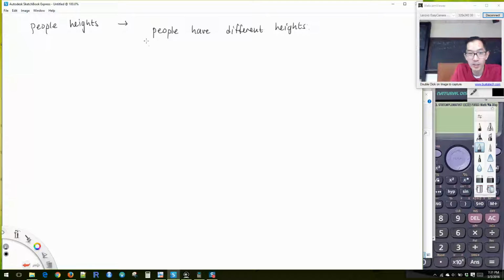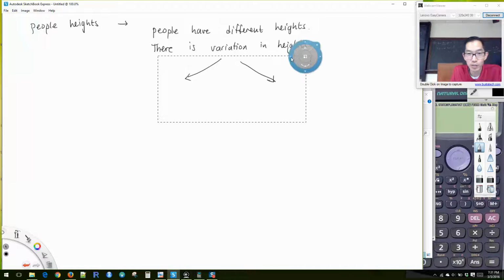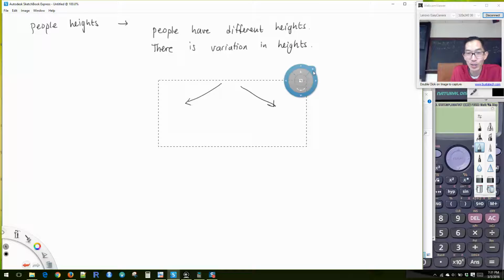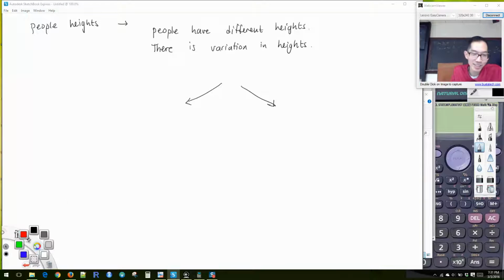There is variation in heights. And maybe we can assign some value to this variation. What we're going to do is try to break apart the variation into two parts. Prior to breaking it up, if a child asks you, why are people different heights? You can say, people are different heights because people are different heights, and everybody's different, right?